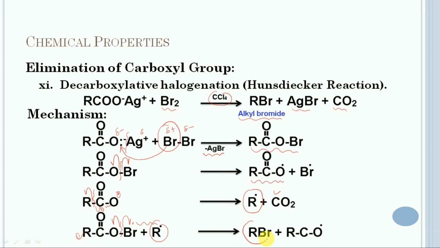Alkyl bromide will get formed, and this carboxylate free radical will be generated again and it can be used again and again till the termination of the reaction. So it is the decarboxylative halogenation, also called the Hunsdiecker reaction.